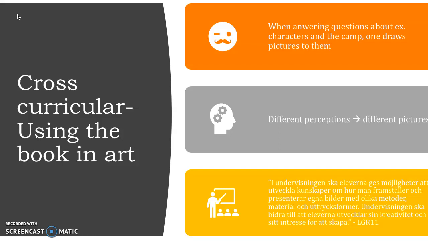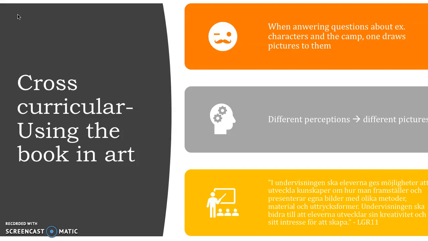Their perceptions will presumably be different, which makes it interesting to find out how the pupils thought that the characters and the camp looked. Therefore, they get to put their perceptions in both words and drawings, which is good practice for their imagination.